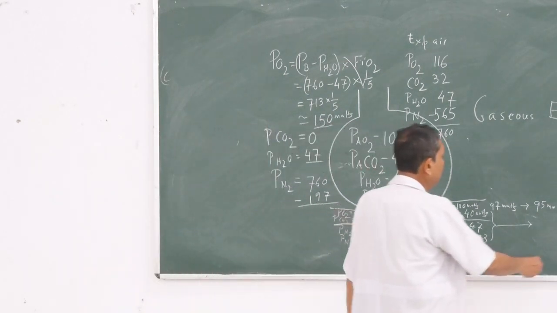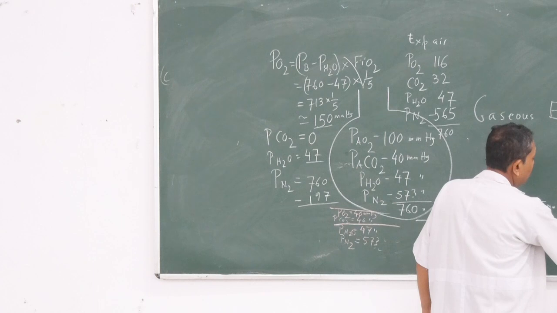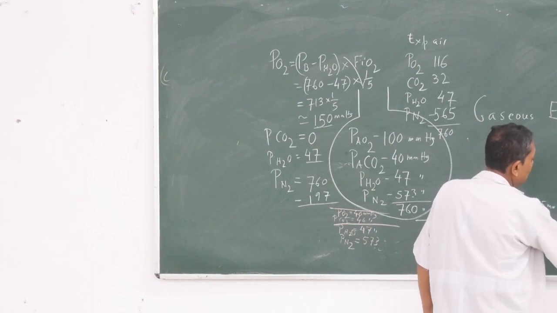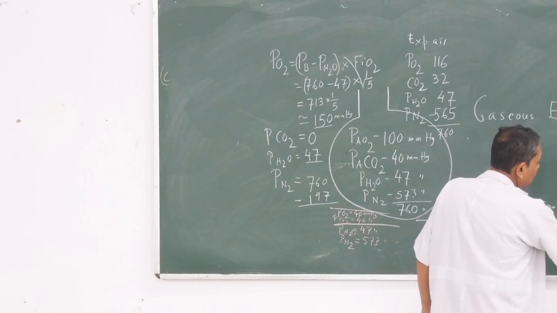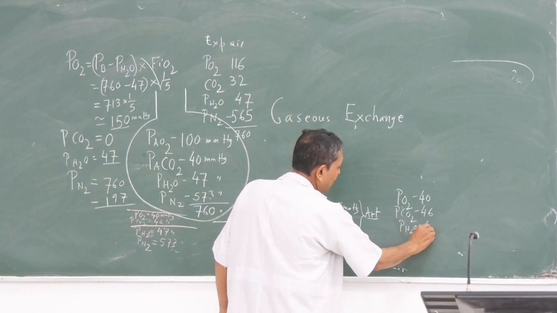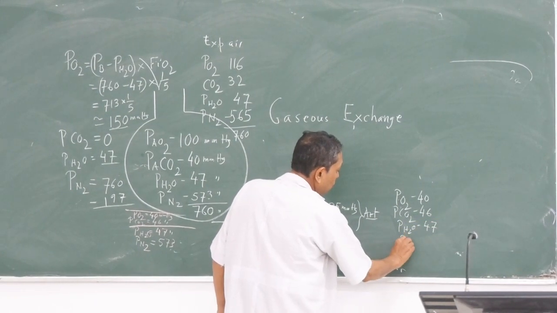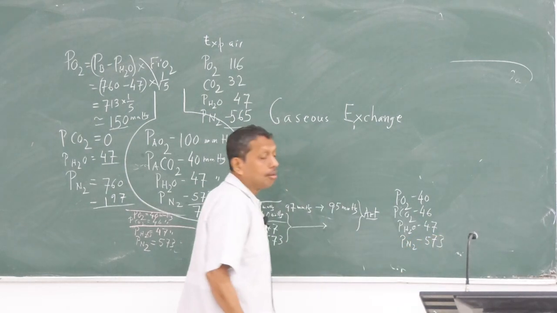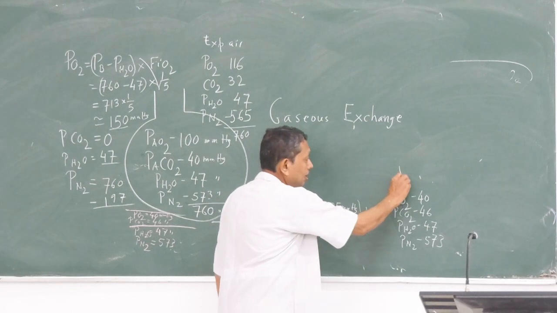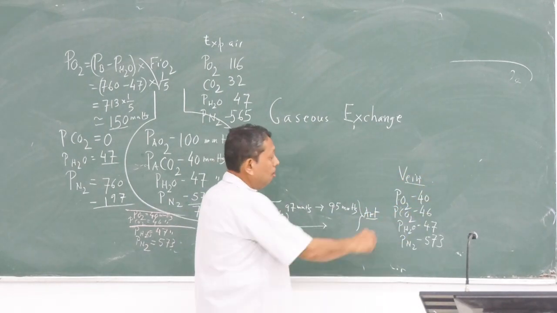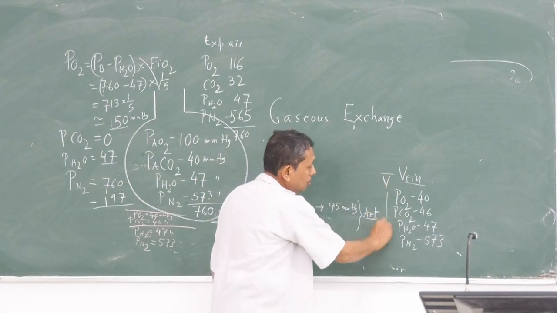In the venous sample, this PO2 is 40 millimeter of mercury, PCO2 46 millimeter of mercury, PH2O remaining say 47 millimeter of mercury, and PN2 is the same as 573 millimeter of mercury in the veins. That is average veins, or mixed vein you can call this concept.